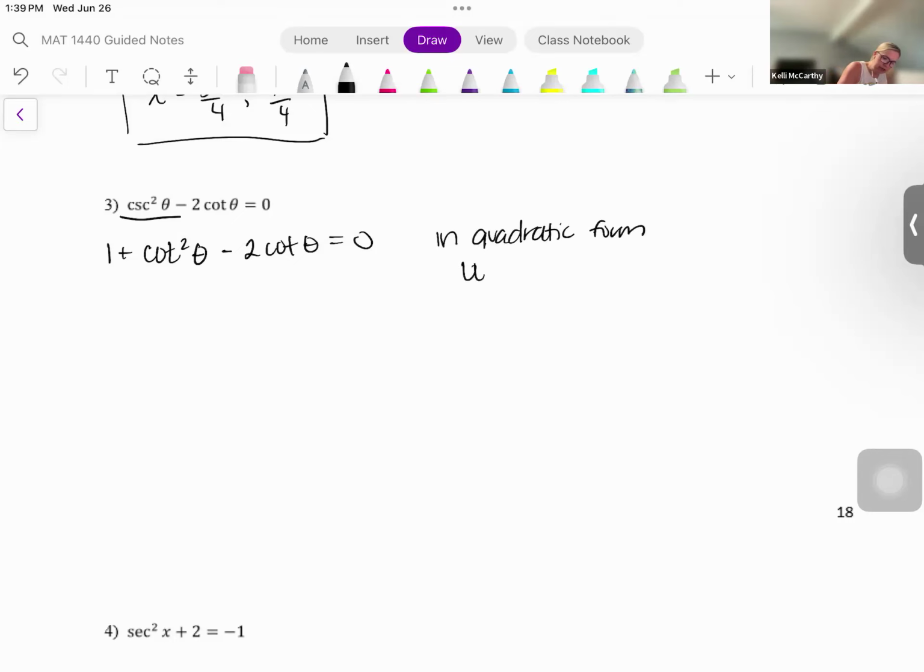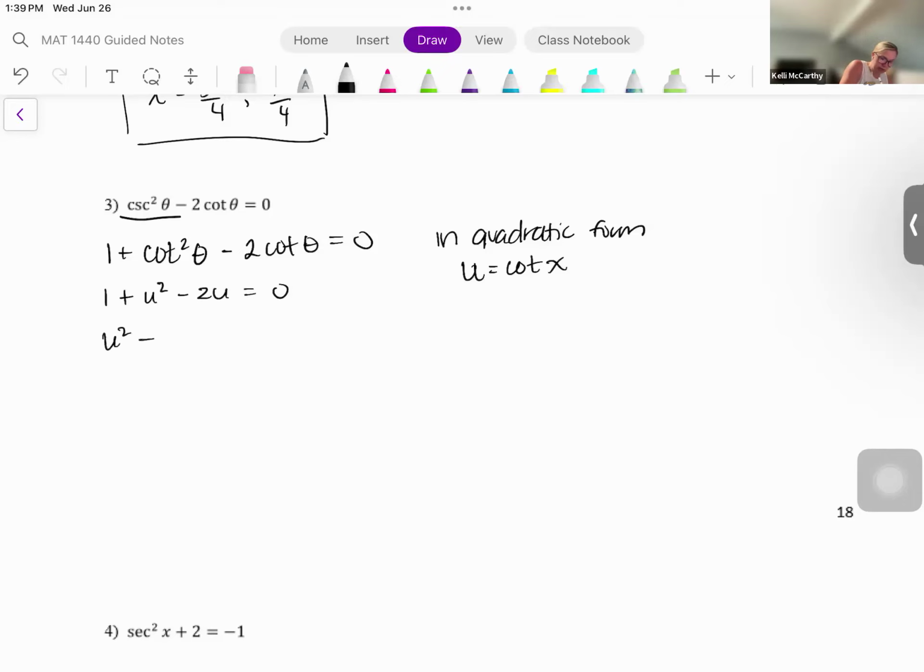So I'm going to let U equal cotangent x. If I substitute in U everywhere I see a cotangent x, I've got 1 plus U squared minus 2U equals 0. And I can rearrange the left-hand side.